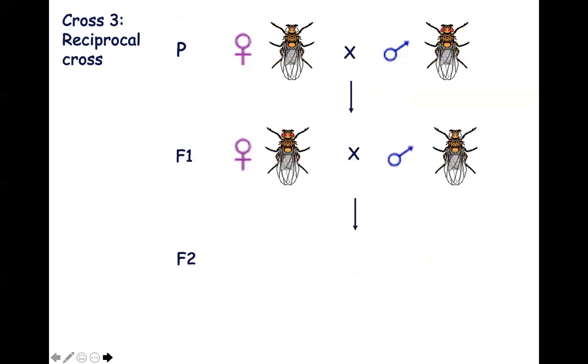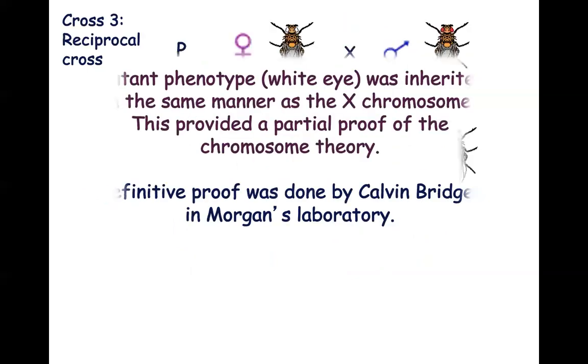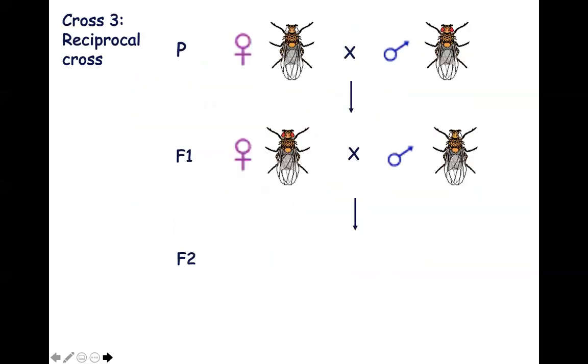Let's look here. No animation here. Okay, you should be able to tell me what the genotypes of these flies are. Males are very easy because you know they've got a Y, so whatever they have, whether red or white, that is the genotype.